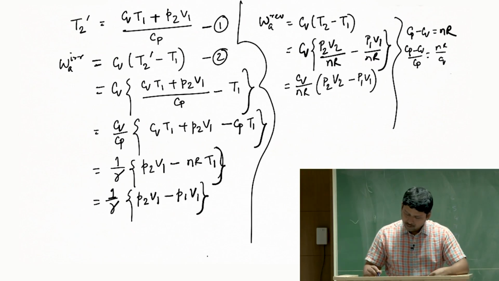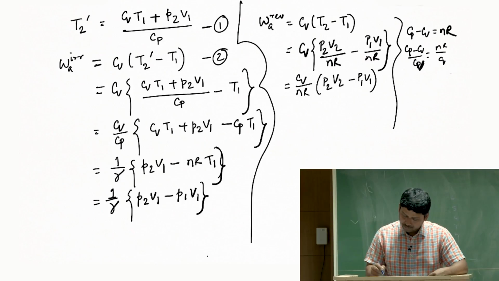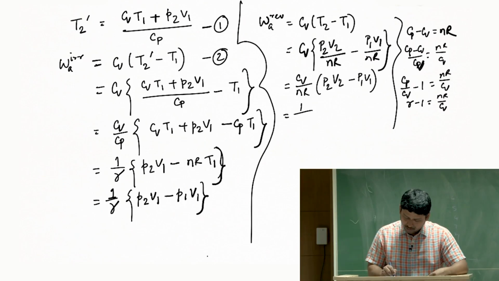So, Cp minus Cv is nR, we have to divide by Cv, correct. So, (Cp minus Cv) by Cv equals nR by Cv, which means Cp by Cv minus 1 equals nR by Cv, or gamma minus 1 equals nR by Cv. So, Cv by nR is 1 by (gamma minus 1) times (P2V2 minus P1V1).